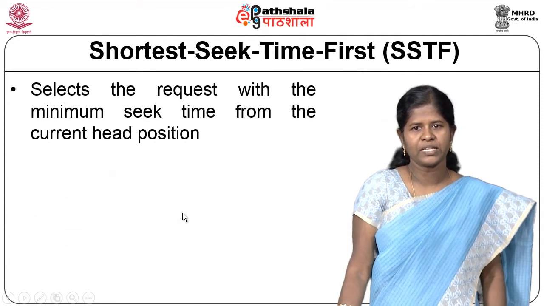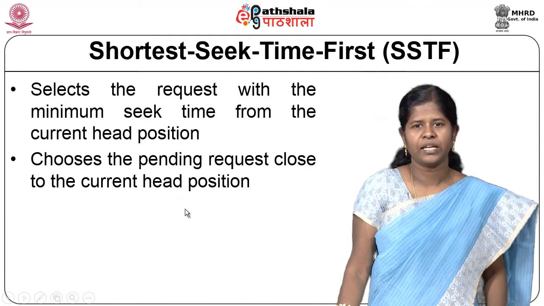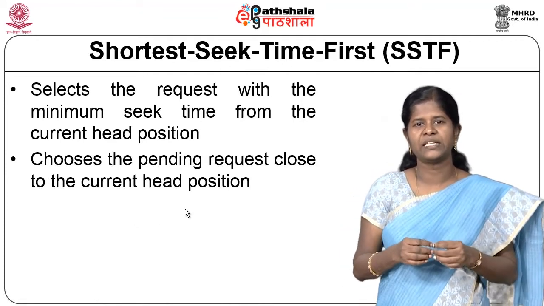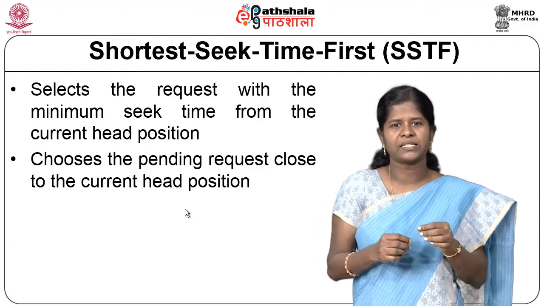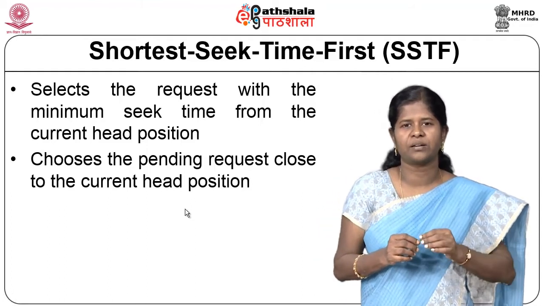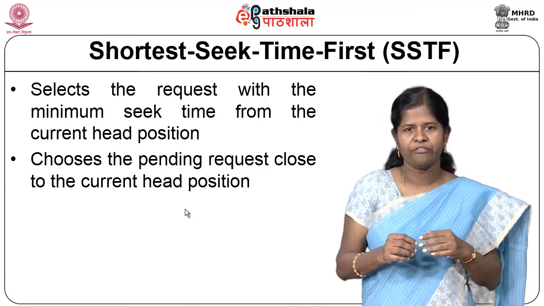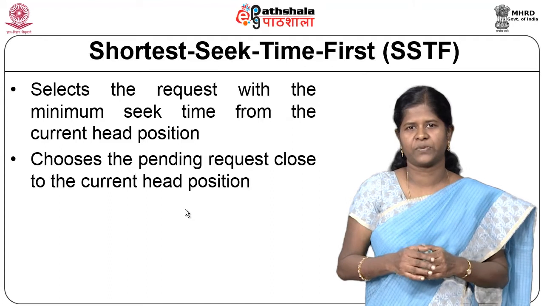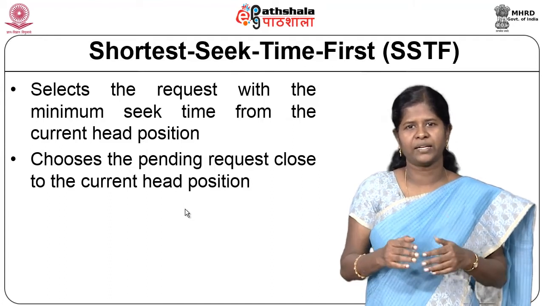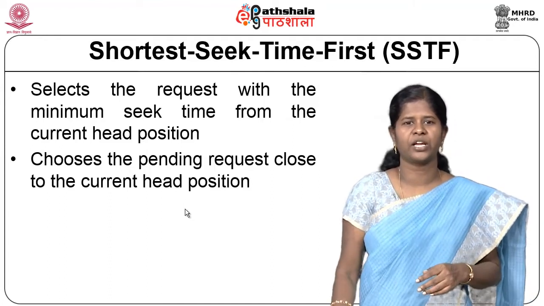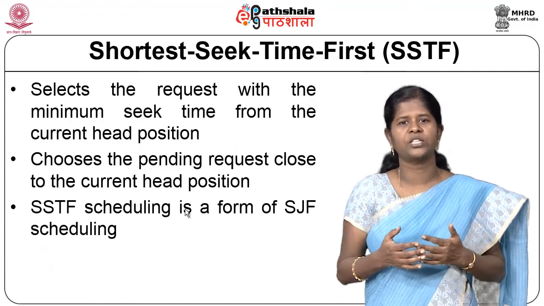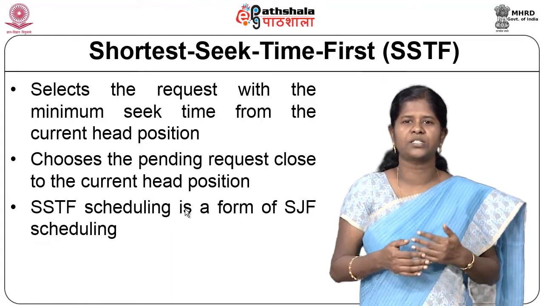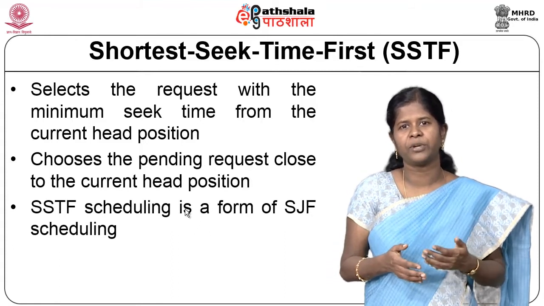In the shortest seek time first algorithm, the request is selected from the queue of pending requests based on the criterion that the minimum seek time will be the next service. So, if a request requires minimum seek time, that request will be serviced first. So, you choose the pending request which is close to the current head position, and this is also a form of SJF scheduling, very similar to how we learnt shortest job first scheduling in CPU scheduling.